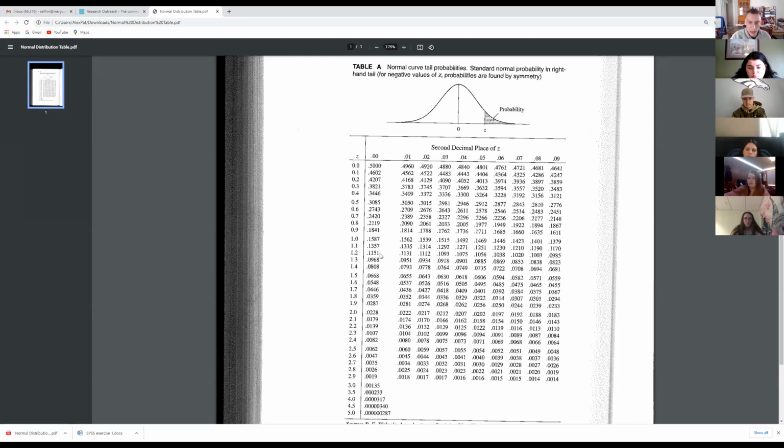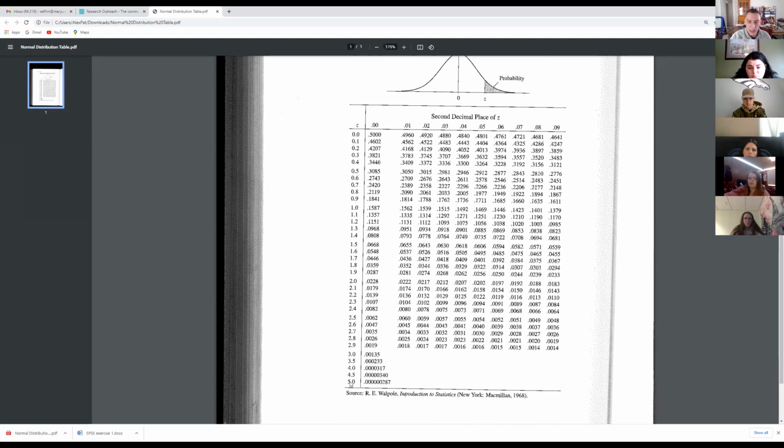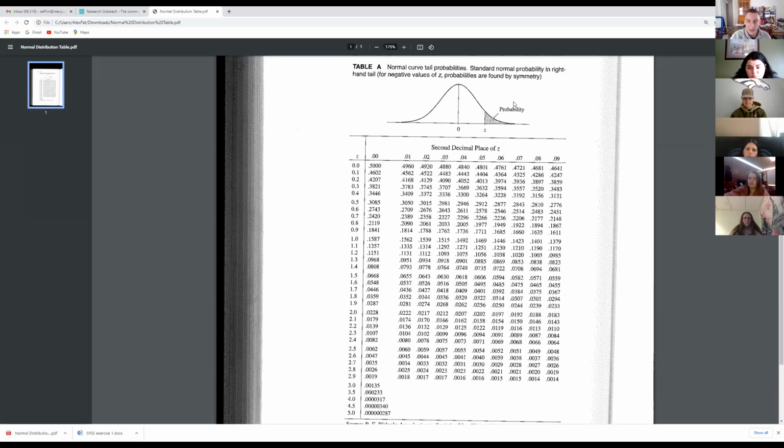And you can see how we get to really high z-scores, like a z-score of 5. It's indicating that well less than 1/100th of 1% of the scores are going to be to the right of 5. So 5 would be way out here, where you would have very, very few scores being observed. You can think about this like the height of men.